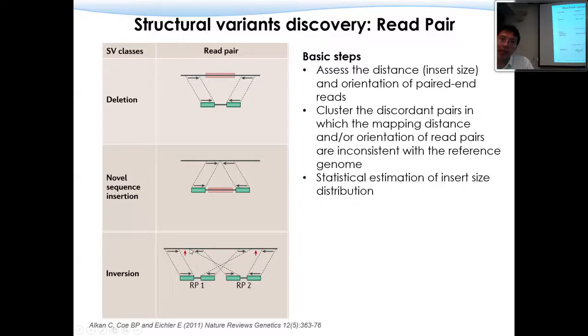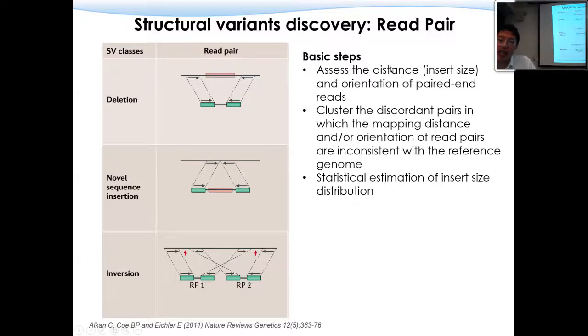So you can spend some time to read through this and figure out what this really means. But in general, by evaluating the distance between these two ends, as well as the orientation between these two ends, that is the amount of information people are using to identify the structure variations.